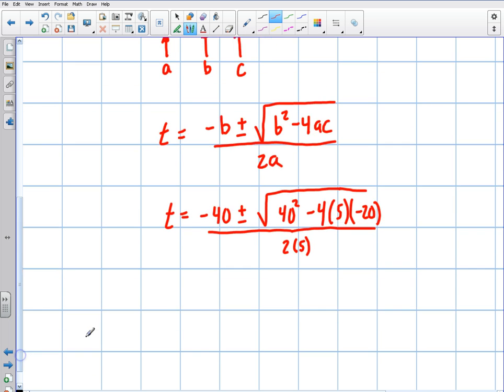So let's see if we're even able to get a real answer out of this. I just made those numbers up. Time equals negative 40 plus or minus the square root of 40 squared, which is 1600, minus 4 times 5 times negative 20. Negative 20 times negative 20 is plus 400, over 10.